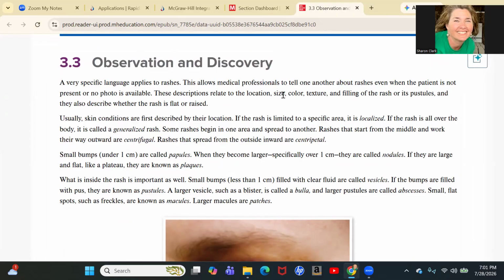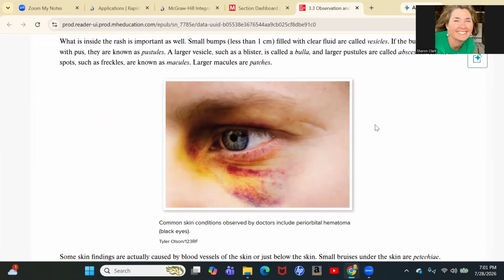So, what is the size or color or texture or feeling of the skin condition? All right. Is it a small bump? Is it a bruise? Is it a large pimple? Is it a large discolored macule? Is it a mole? What is it? Is it a burn? So we have very distinctive terms related to each one of these conditions.